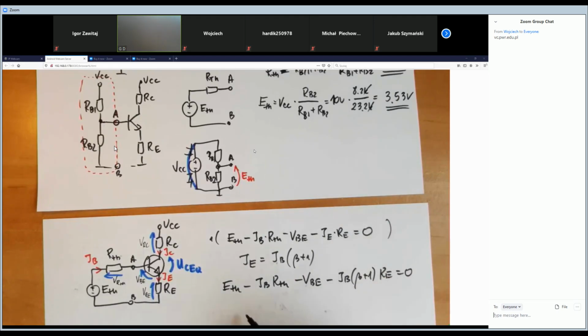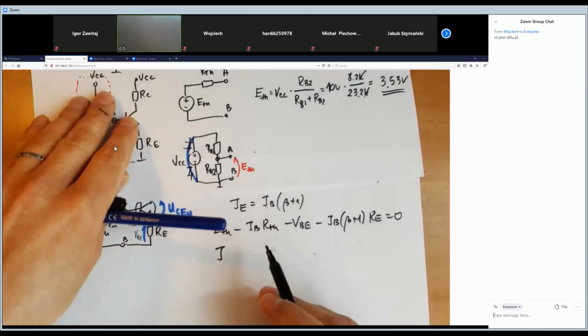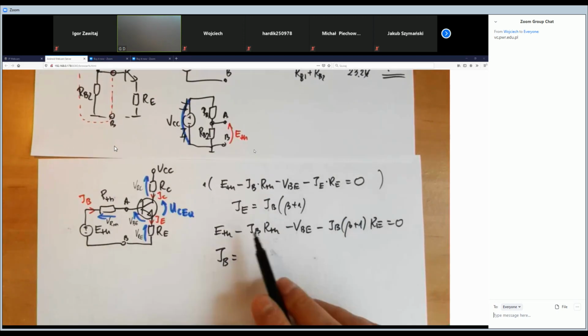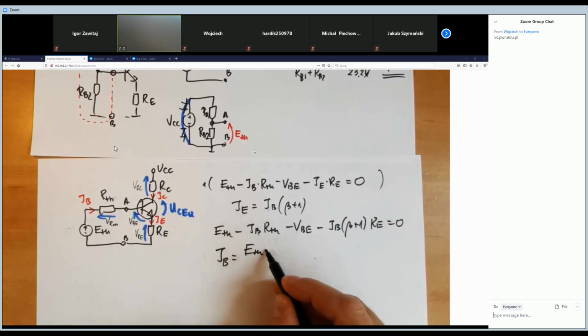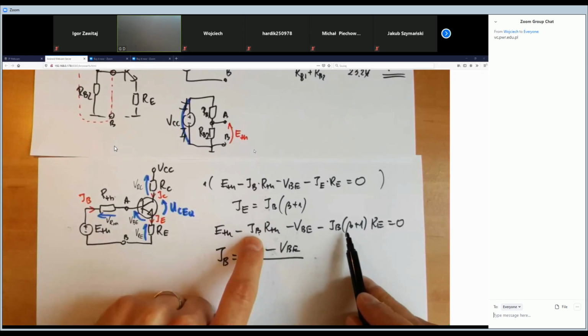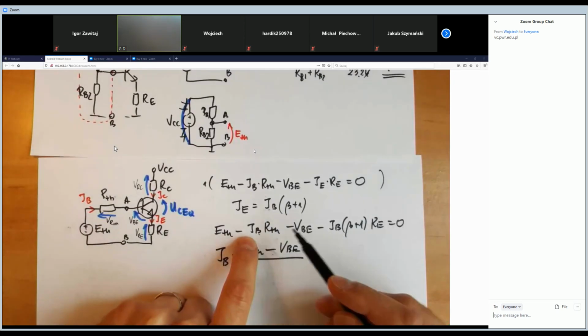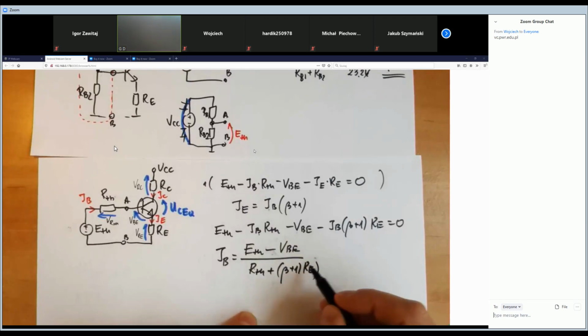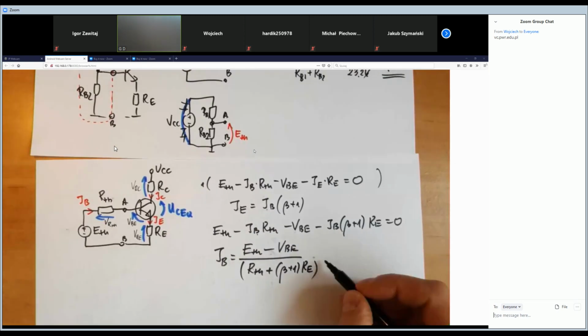The current IB will be equal, I move it to the right side, to ETH minus VBE over, if you factor IB out of the bracket, RTH plus beta plus 1 times RE.